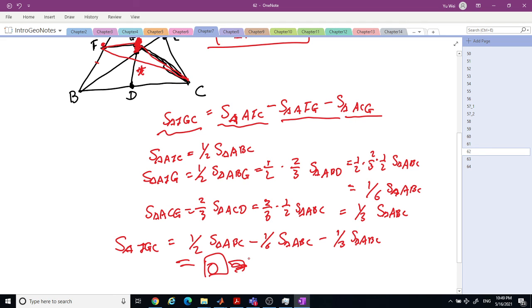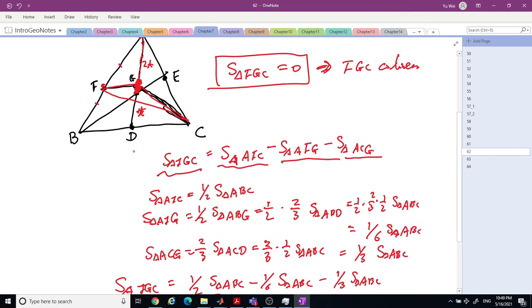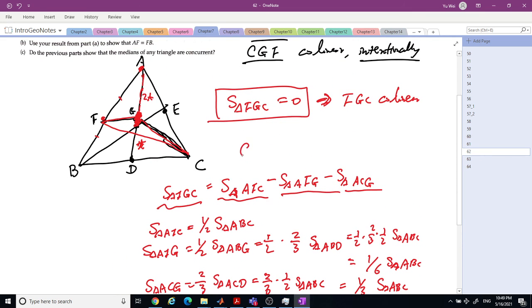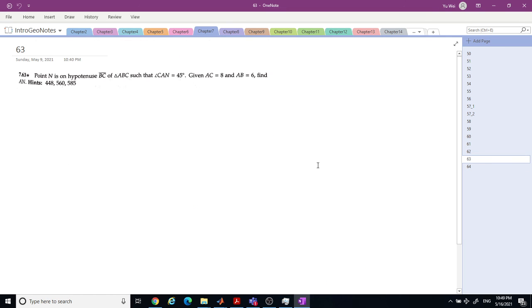So that means C, F, G have to be collinear, right? CFG is collinear, which means CF also passes through the centroid G. Okay. Next.